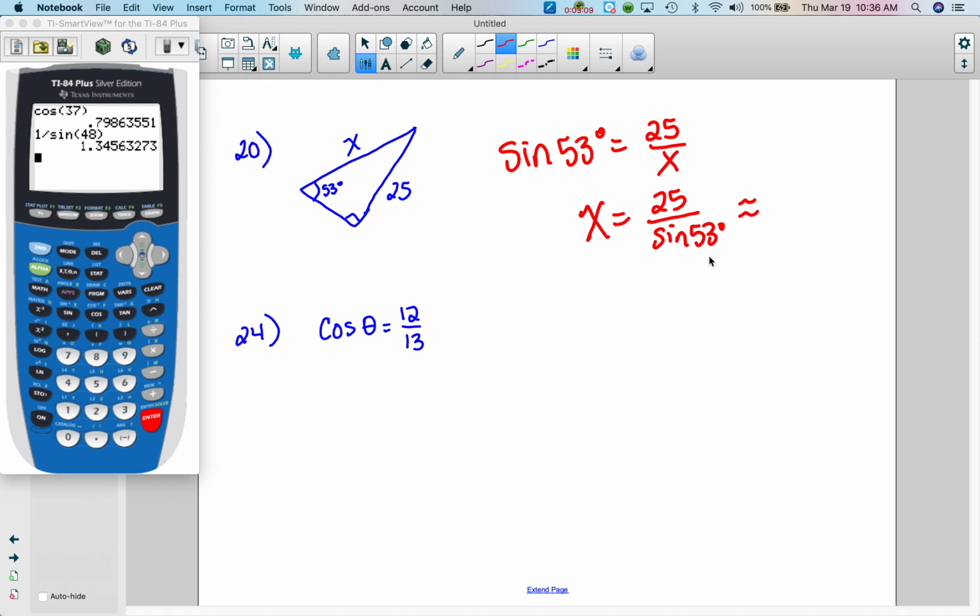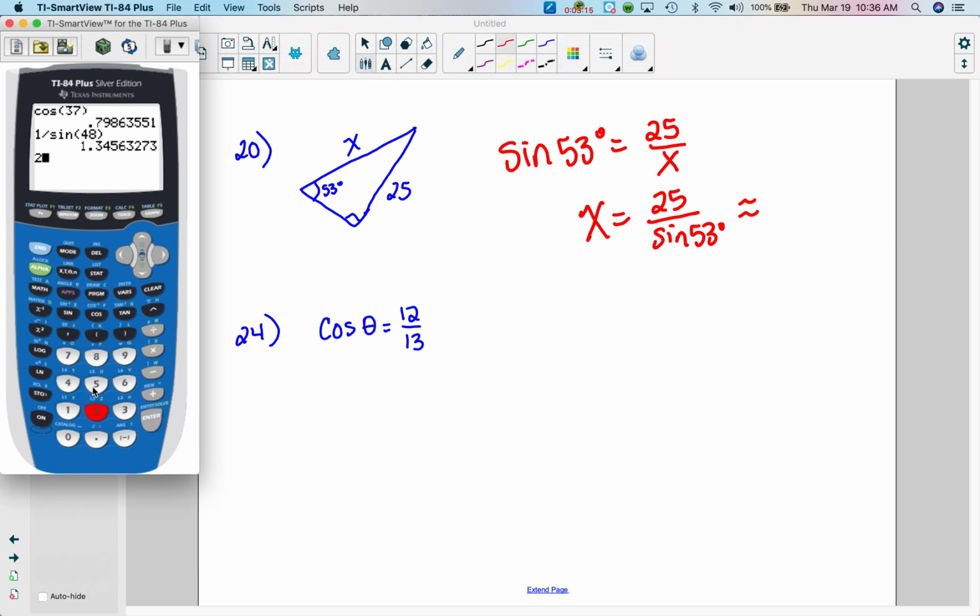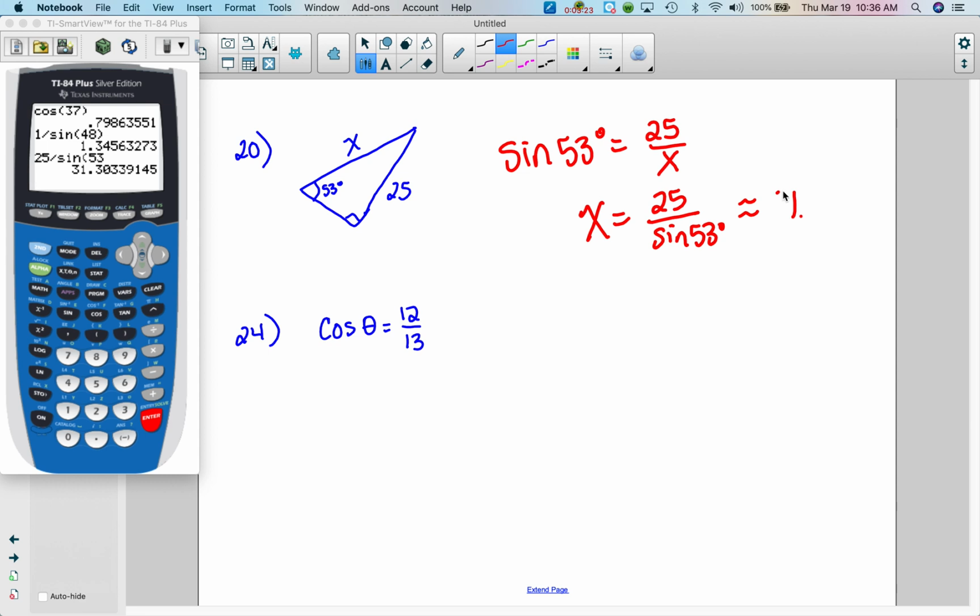But this isn't a special trig function or special angle, so you're just going to do 25 divided by sine 53, and we get 31 point, I think this also said to go 5 places, which was crazy, I thought. But anyway, that's what we had.